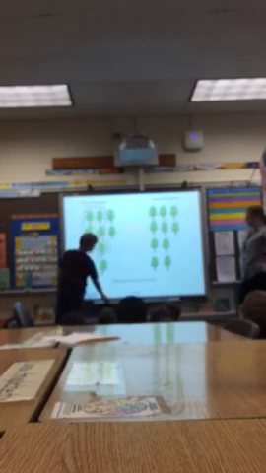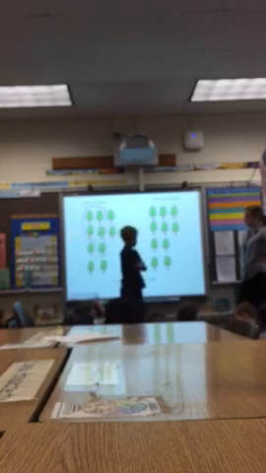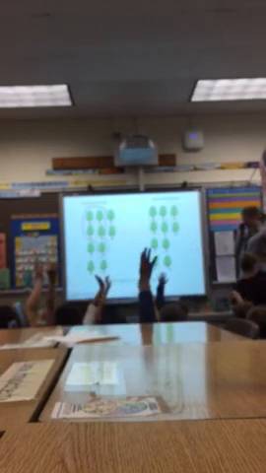How did you know to circle 5? Because 5 plus 5 is 10. Very nice. Who can come up and circle 1/10 of the trees? Lauren?